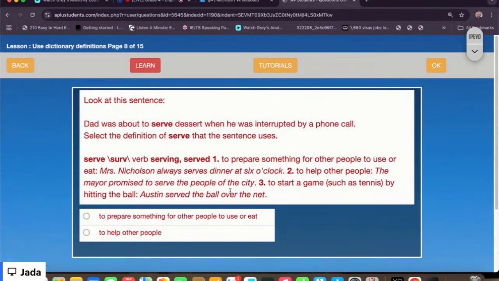All right, so: Dad was about to serve dessert when he was interrupted by a phone call. So to prepare something for other people to use or eat, or to help other people, what is the meaning of serve in this sentence?